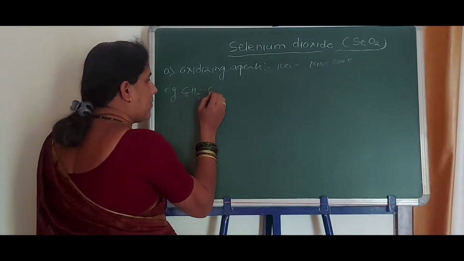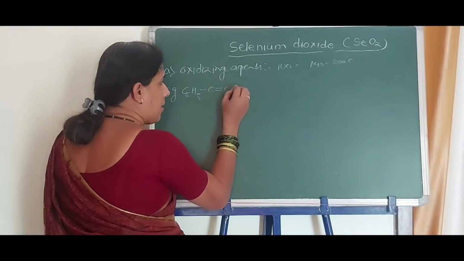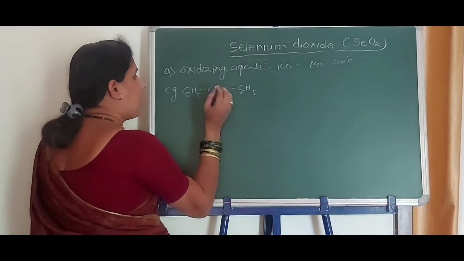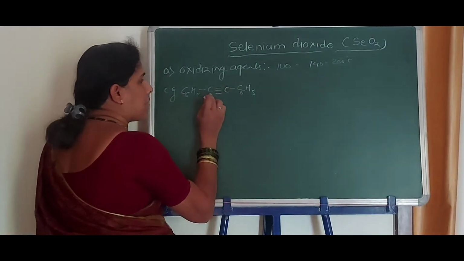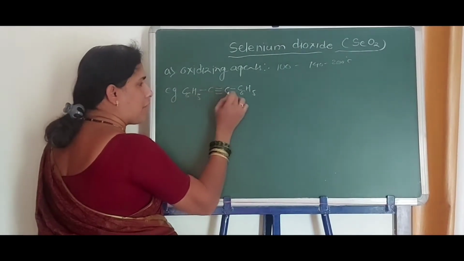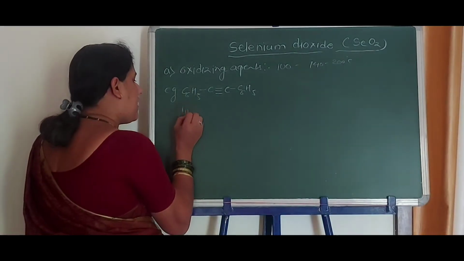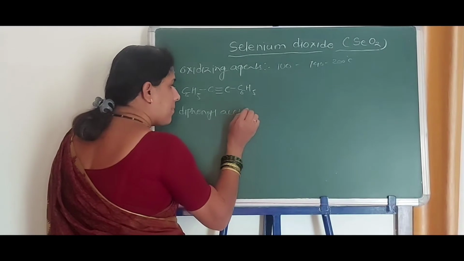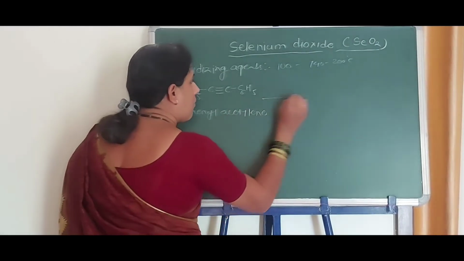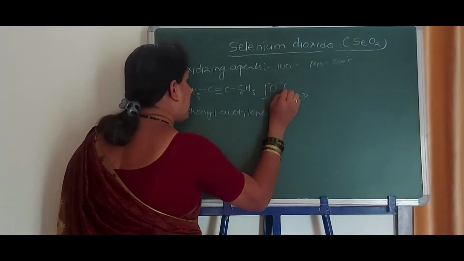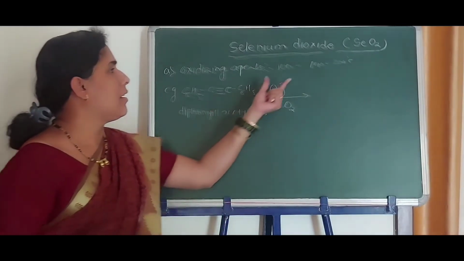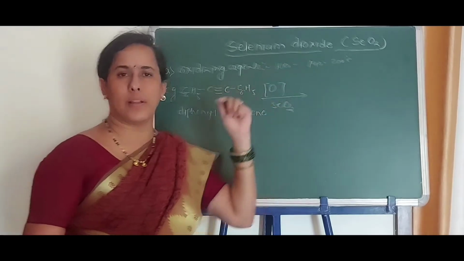For example, diphenyl acetylene, C6H5 C triple bond C C6H5. Here the valence of carbon is 4 on each. Diphenyl acetylene undergoes oxidation with SeO2 at temperatures of 100 to 200 degrees Celsius.